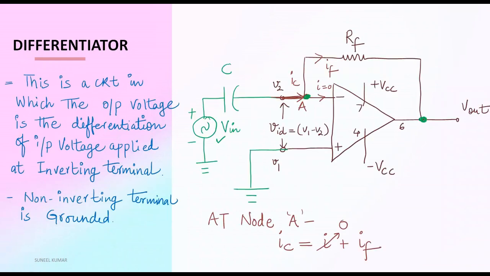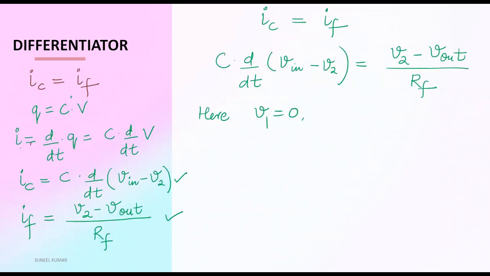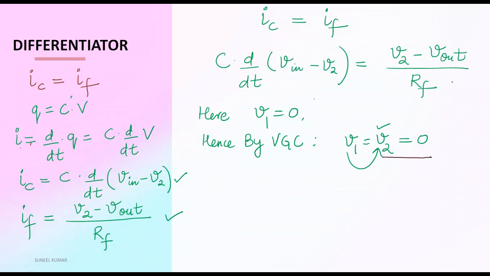By the virtual ground concept, V1 is equal to V2 is equal to 0. That means whatever voltage is present at the non-inverting terminal is automatically reflected at the inverting terminal. So V2 also becomes 0. Now we put this V2 value 0 in equation number 1.